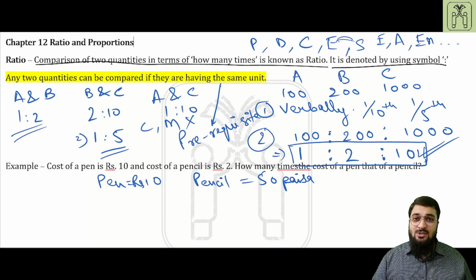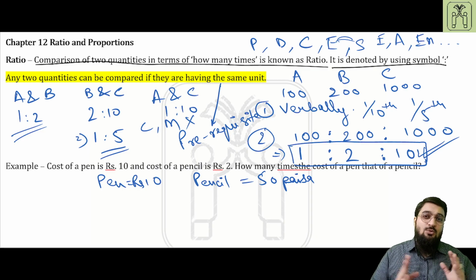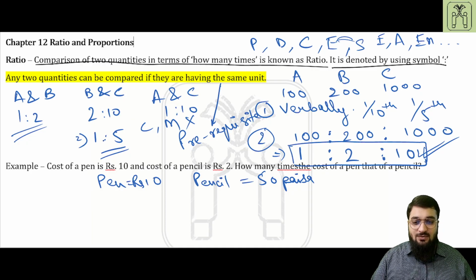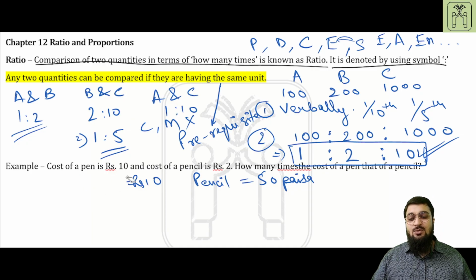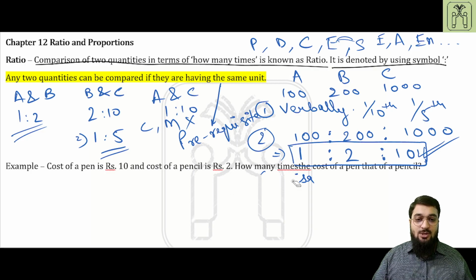You have to first convert meter into centimeter or vice versa, gram into kilogram or vice versa, kilometer into meter or vice versa, so that both of them have the same units, and only then the calculation can be performed error free. So this was all that I can tell you about the concept related to ratio and proportions.